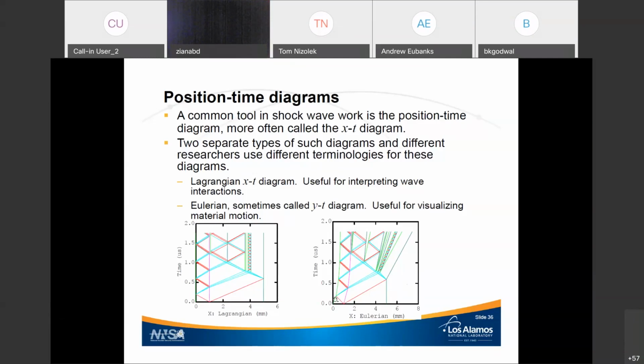It sets up a shock wave that goes in. The shock wave coming off the back hasn't gotten to the rear surface quite yet. And so the rear surface is moving at the original impact velocity, whereas this is moving at a velocity that you're going to find is the same as an impedance match velocity that we talked about last week.